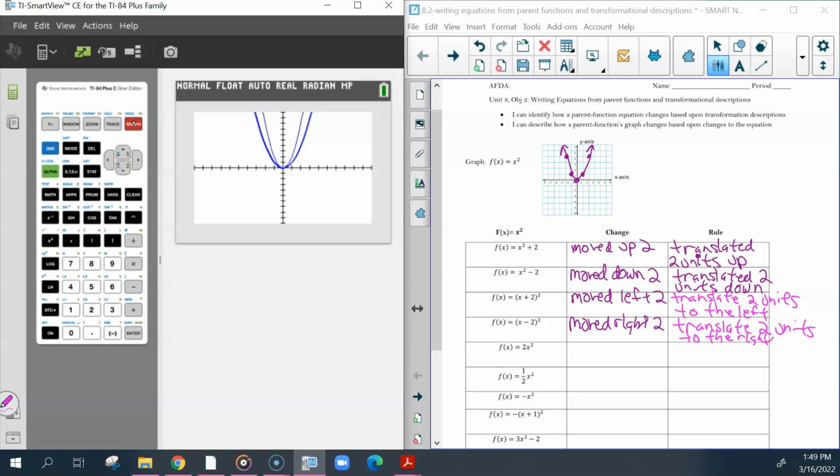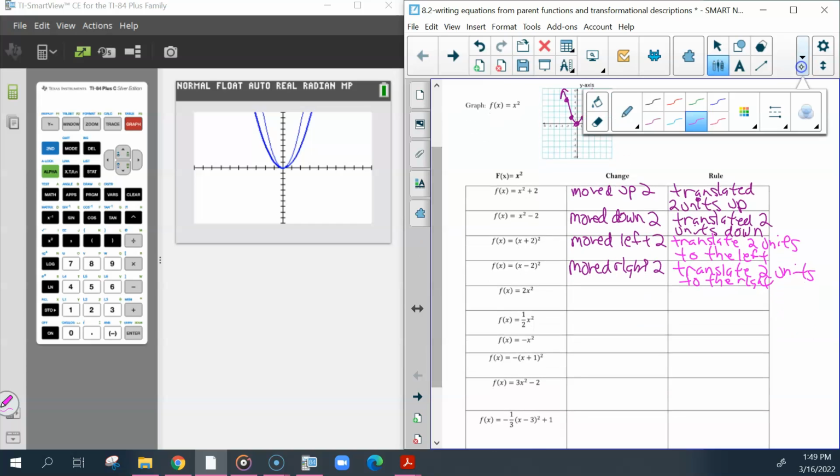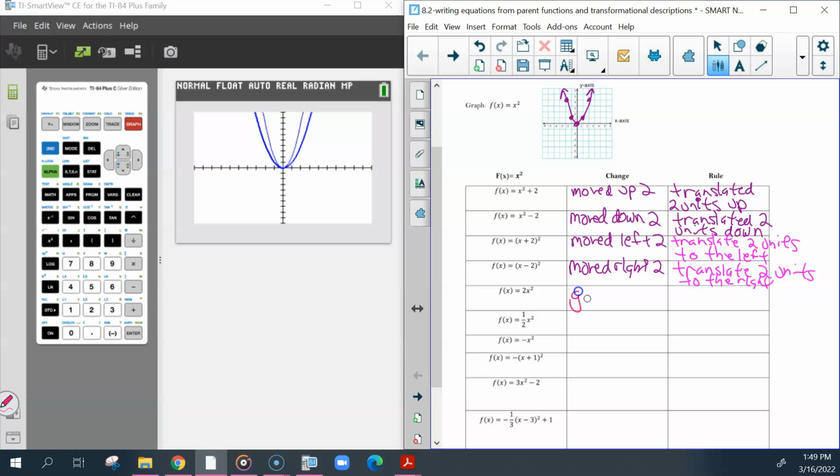It's stretching the quadratic along the y-axis so that it's vertically getting bigger. If you were to describe this, we can say narrow. But the actual rule would be stretched vertically by a scale of 2.